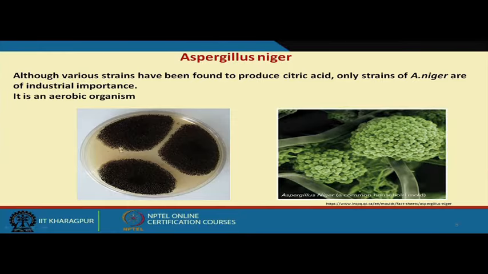If we see any kind of rotten citrus food in the market, we will find black spot formation. This black spot is nothing but Aspergillus niger. Pictorially, the black spots look like this, and under the microscope it looks like this. It is beautiful, a kind of flower-type structure that we can observe.